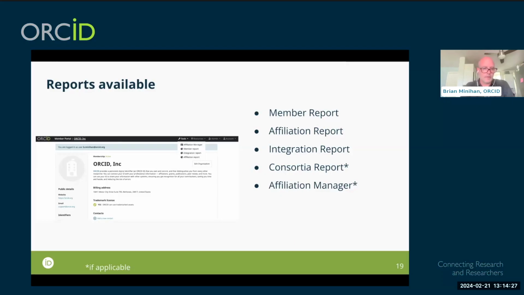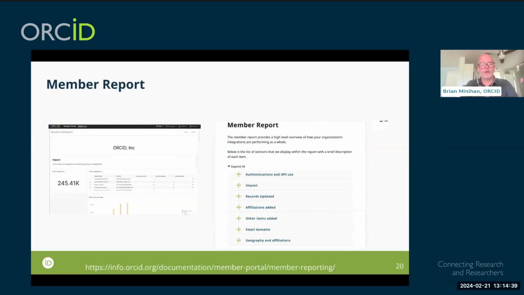On the left, this is what I see when I go into the member portal. So there's the public details, there's a description about my organization, ORCID, and so forth. So the first aspect, there's a lot of detail in here, and it's sometimes not too clear what the descriptions or the aspects that we're showing in the report mean.